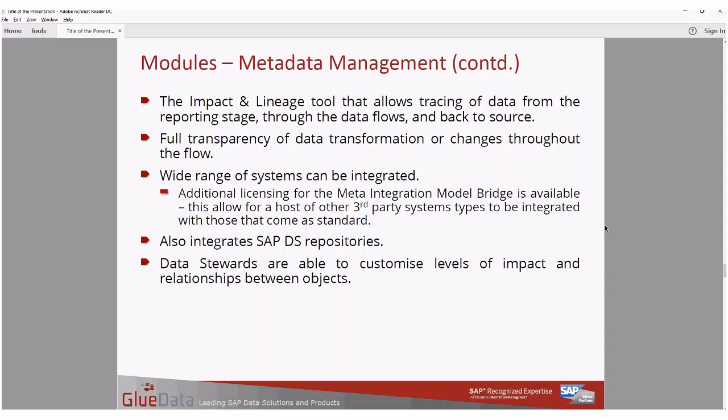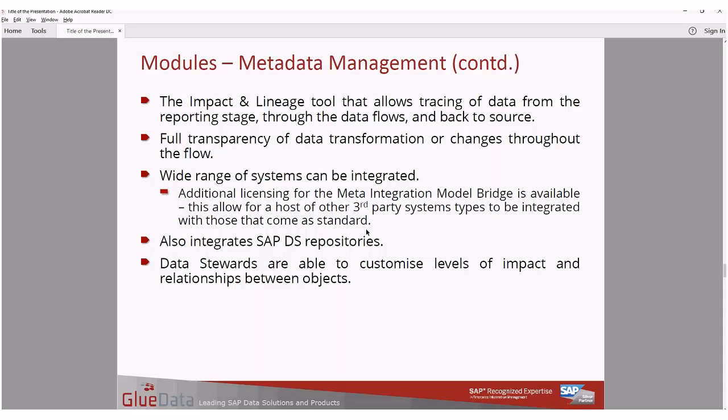The next module is metadata management. I have spoken about this. I won't go into too much detail here. But I just want to mention that there's additional licensing available where you can integrate a whole range of other third-party systems that are not included in the standard package.